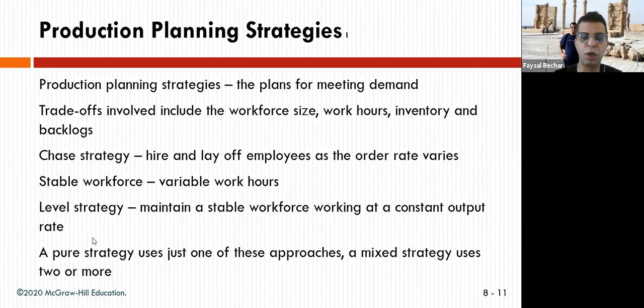And then you have what you call a pure strategy, using just one of these approaches, or a mix of the level and chase strategies. You can have a mix, or you can do only one of them.